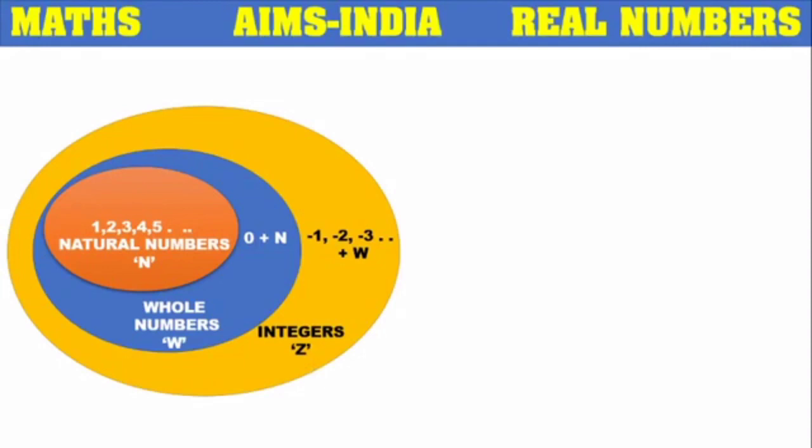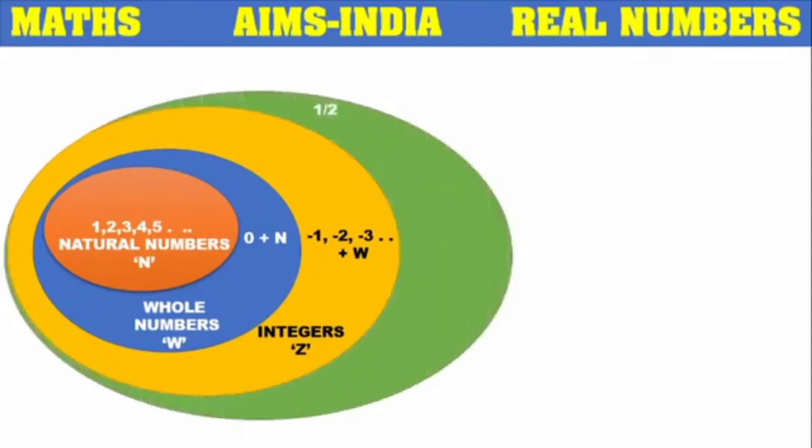So not only positive numbers, negative numbers and 0, we also have numbers like 1/2, a positive fraction, -1/3, a negative fraction, 0.5, a decimal, or we can call it a terminating decimal, 0.3456..., a non-terminating, non-repeating decimal, or the numbers which are in the form of p/q.